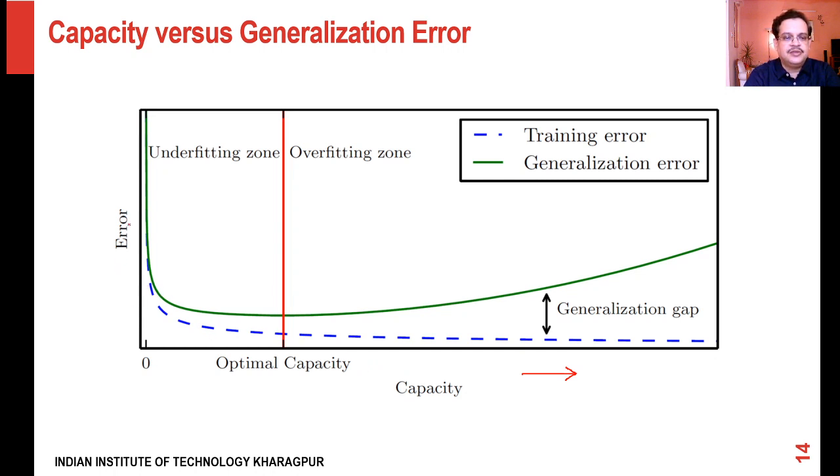And on the y-axis I have error. I am looking at two things: the training error, and then, when I am done with the training, I use the model on the generalization data, that is the test data, and I compute the generalization error.